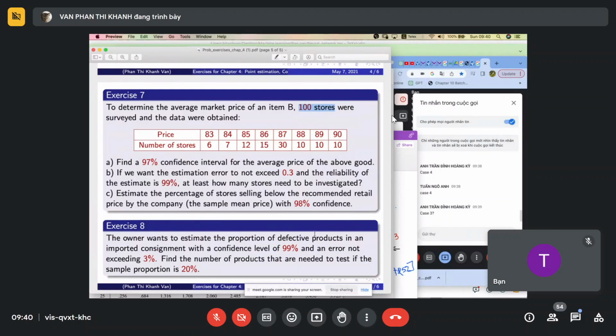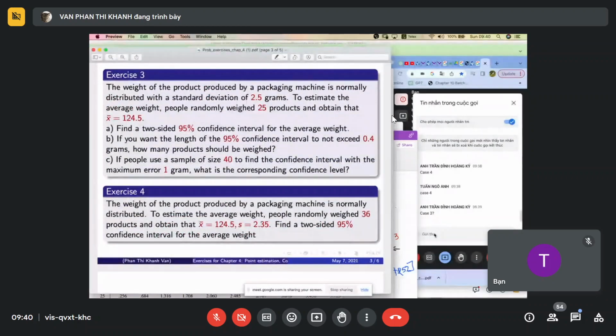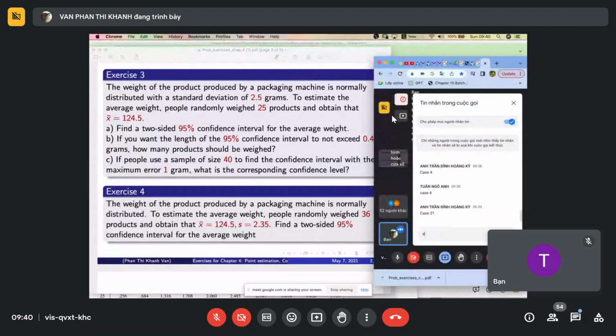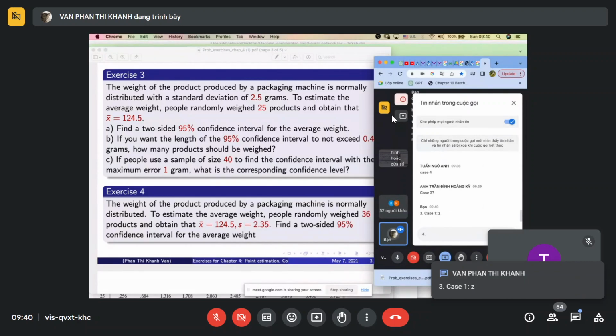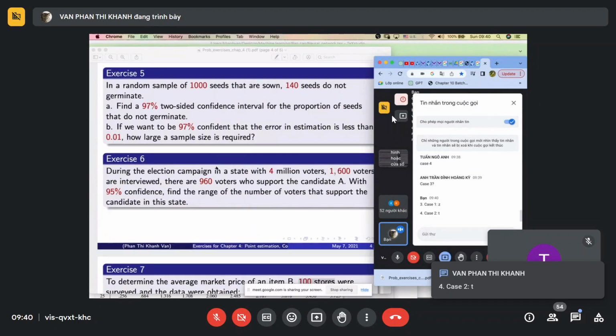Okay, so I summarize here. Question 3 is case 1, so we use Z. Number 4 is case 2, so we use T. Number 5 is proportion, so case 4, so we use Z also.